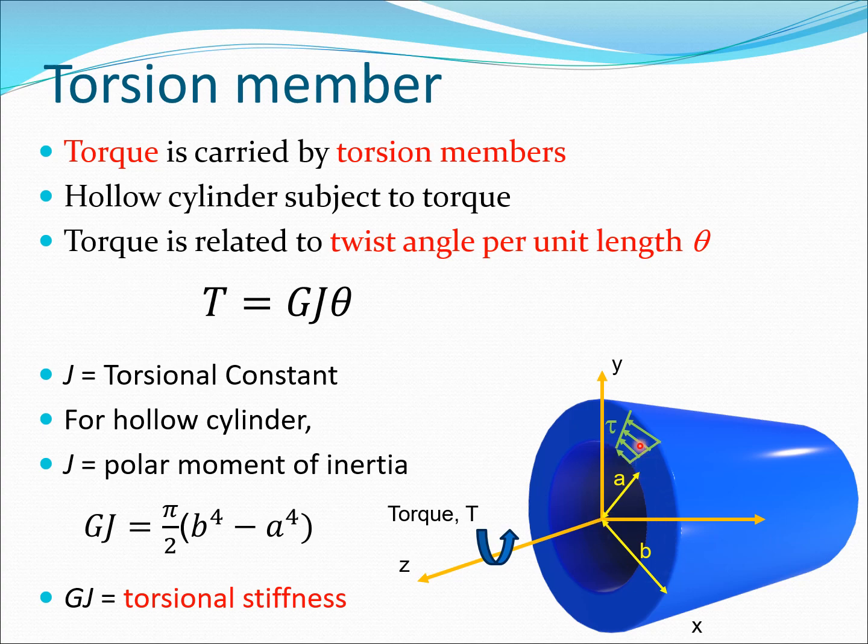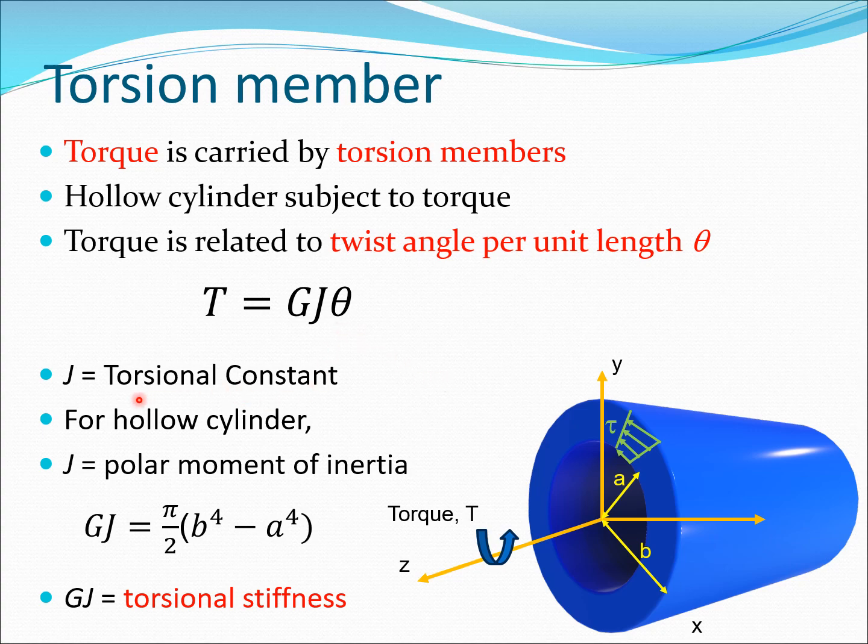Then this shear stress tau acts on this particular body here of this tube or this hollow cylinder. Now, the relationship here we can use is T = GJθ, where θ is the twist angle per unit length. So, with this formula, we can actually calculate the value of θ.